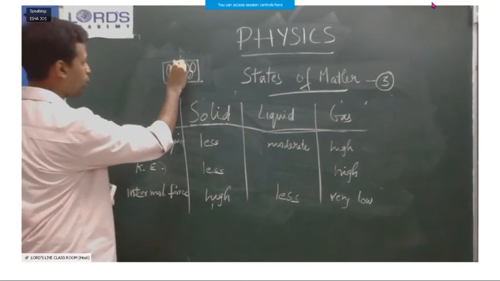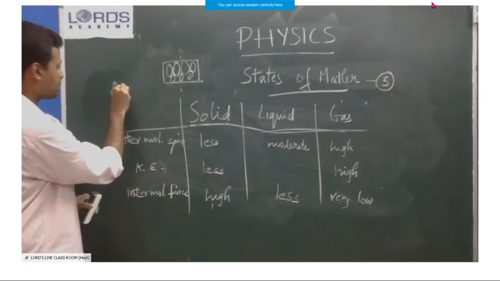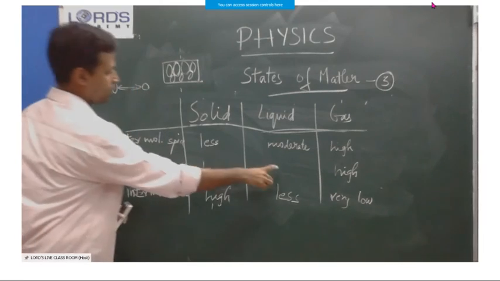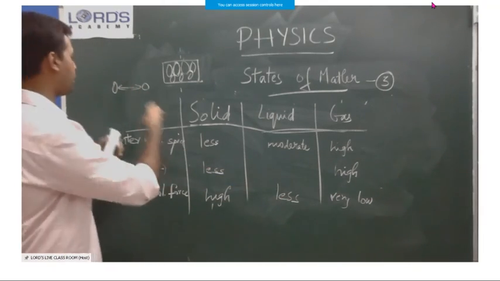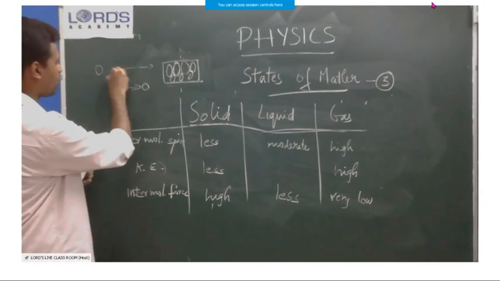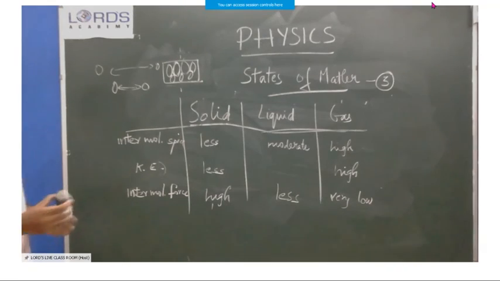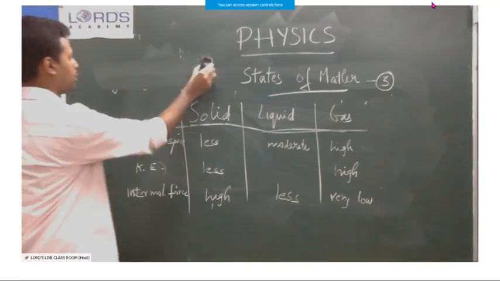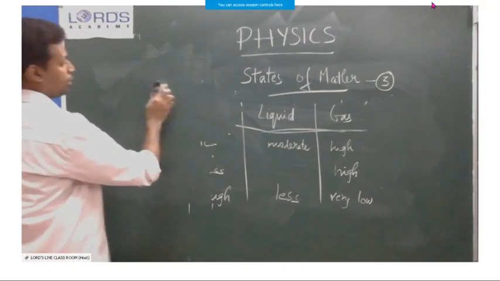Because these molecules are tightly packed. As they move away, in liquids, this intermolecular force lessens, and in gases they move too much away, so it is very, very low. Okay? I think I have explained sufficiently regarding the states of matter.